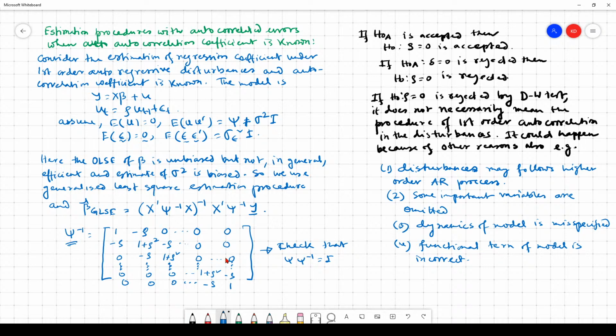First you write down xi, then you verify whether this is the inverse or not. This is your homework.